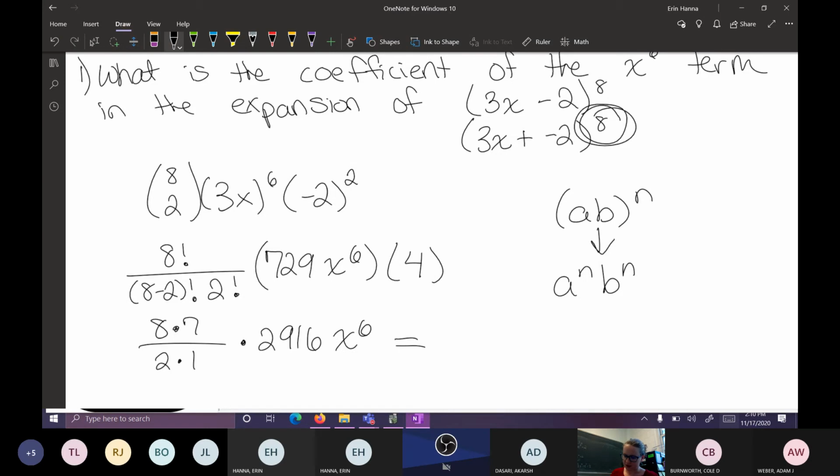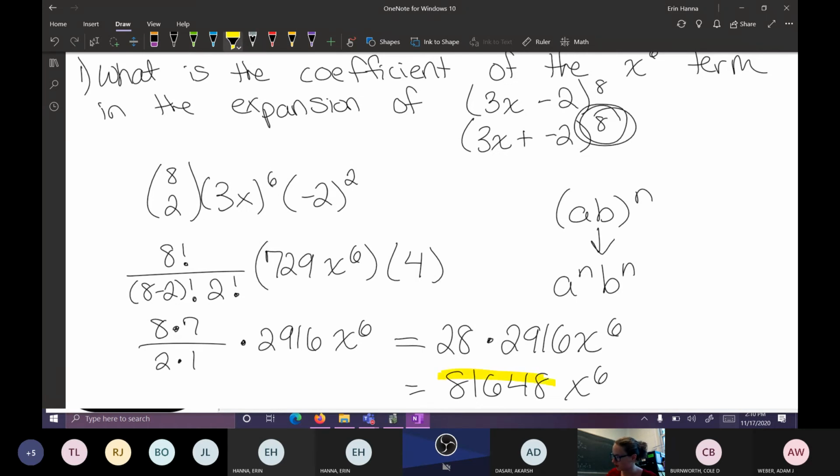So 8 times 7 divided by 2 is 28. And then 28 times the 2916 is 81,648. So the answer to that question would be 81,648.